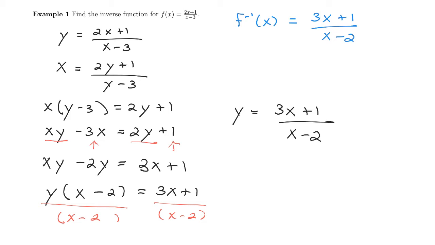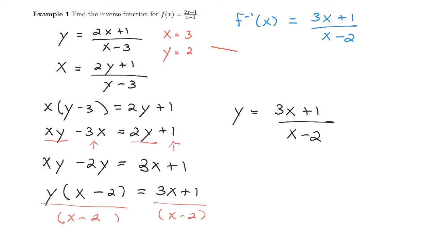If your inverse is the thing that switches out all of your x's with y's and vice versa, one interesting thing to do is to compare your vertical and horizontal asymptotes. For example, in this original function, x equals 3 is the vertical asymptote because it makes the denominator 0. The horizontal asymptote is going to be y equals 2 over 1, or just y is equal to 2.